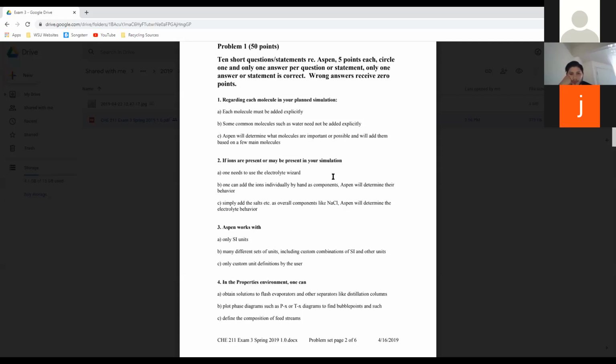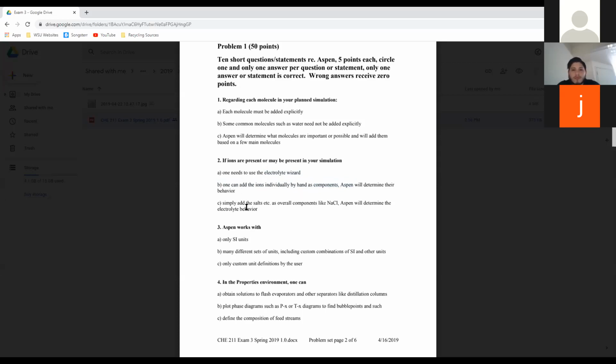So we have salt, with a specific amount that will dissolve in, say, 100 grams of water. If we don't use the electrolyte wizard, it won't pull from the right source, or it'll pull the wrong thing. It's really complicated. We can manually add our ionic species, that's fine, but we have to use the electrolyte wizard to get the equilibrium data from databases. We can add them by hand, but it won't determine their behavior by itself.